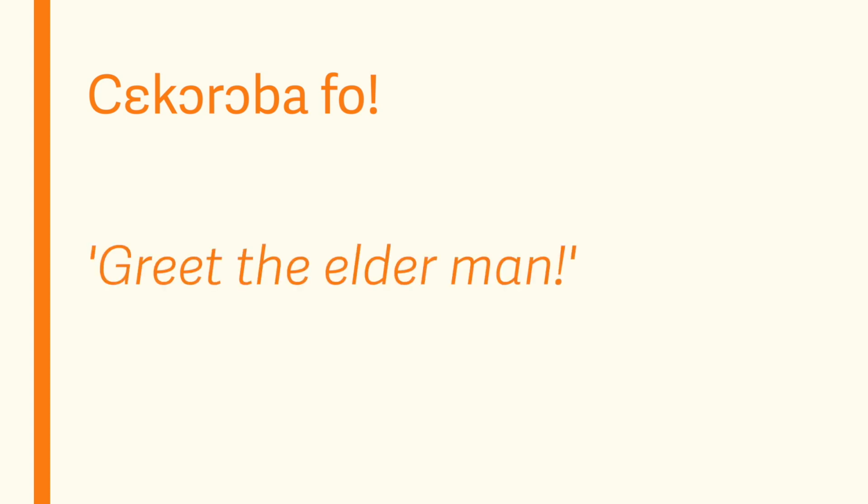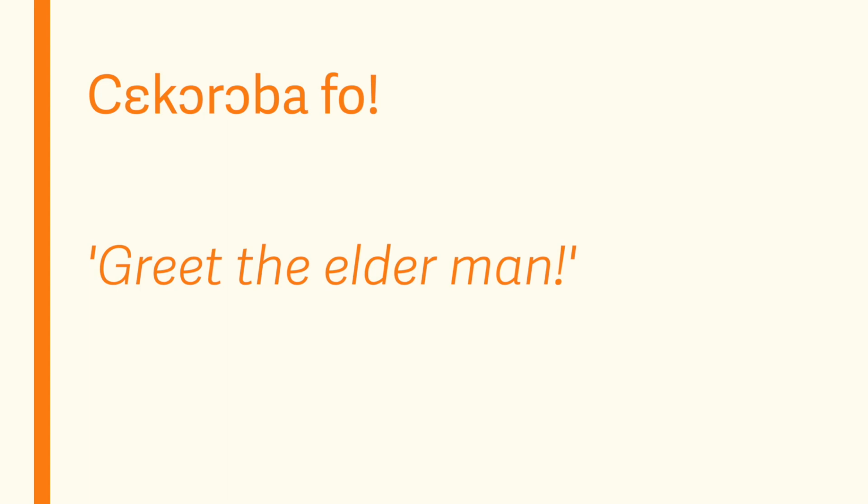On the other hand, if you'd like to use a verb that is transitive, that means one that has a direct object, the verb will remain unchanged, but you're going to need to put the direct object in front of the verb. So imagine, for instance, that you wanted a child to be polite to somebody else. You might tell them, che korobafu, meaning greet the elder man, or more literally, elder man, che koroba, fu, greet.